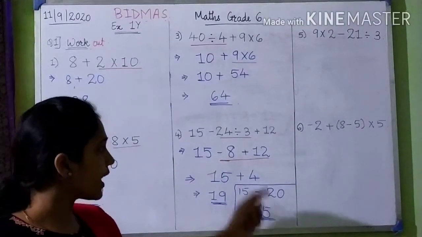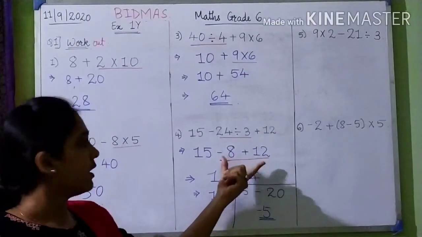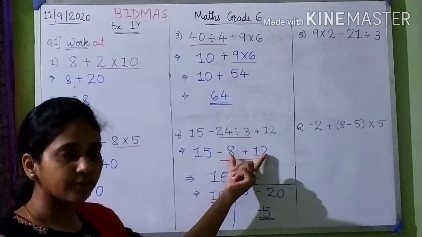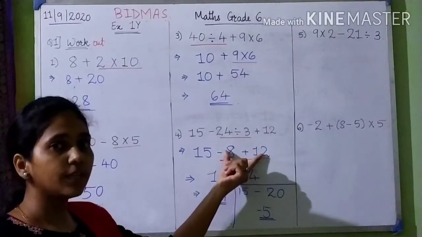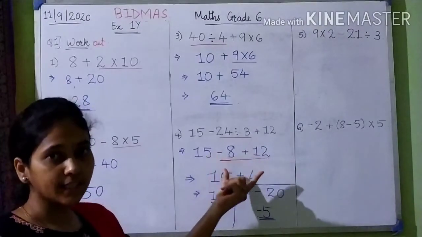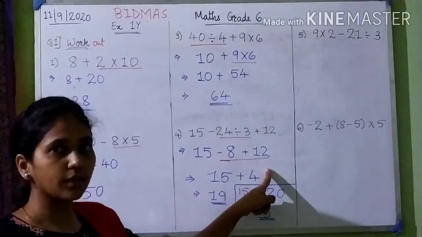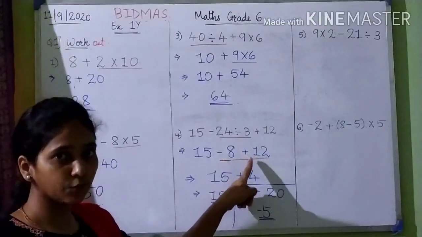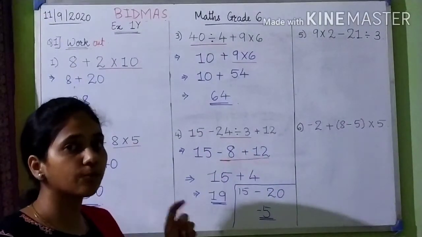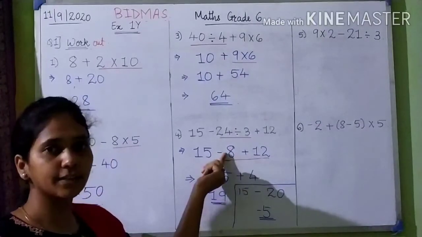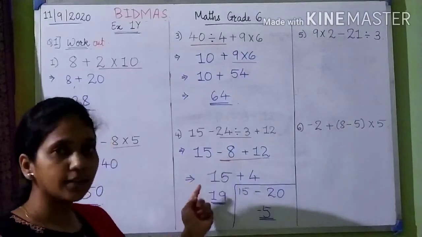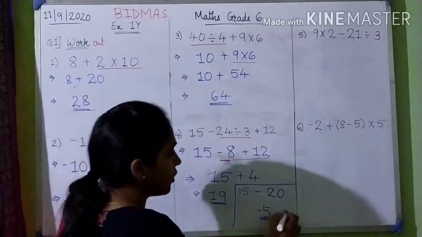So that is why when we are solving, when there is a plus or a minus sign between two numbers, if they are added or subtracted, we need to consider the signs of both the numbers. If there is a plus or a minus sign in between two numbers, we need to consider the signs which are there in front of both the numbers. Here 8 is having a negative sign, so we have to consider that negative sign. Understood? So this is wrong.